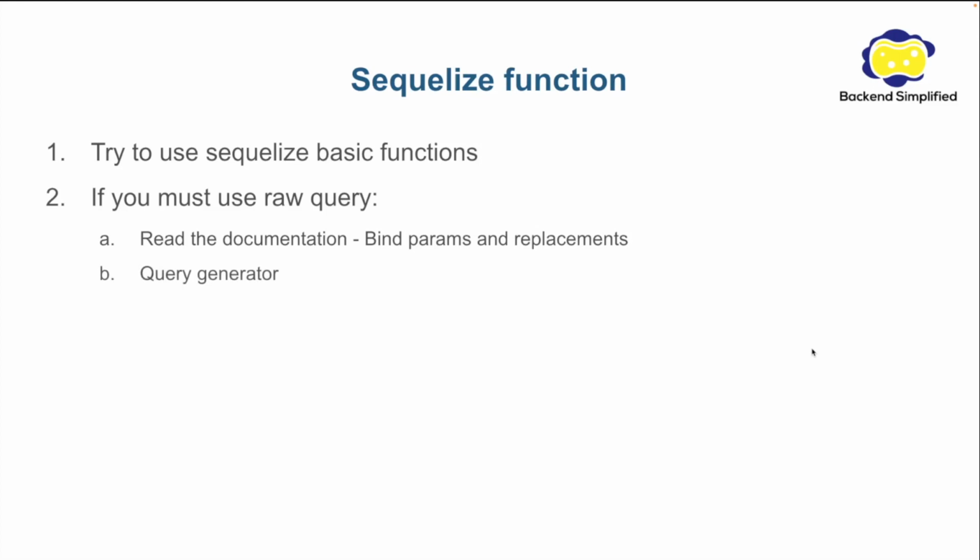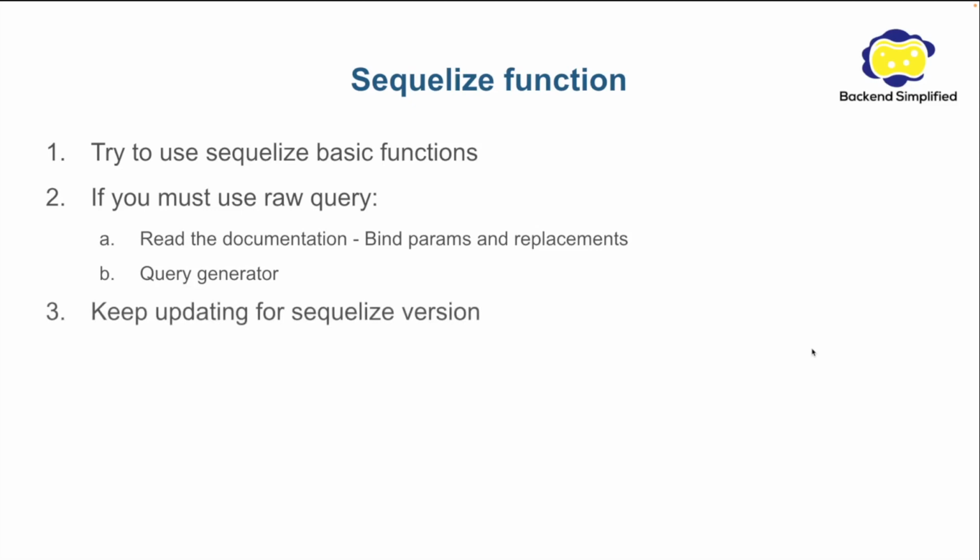The second point that you need to keep in your mind is that there is a module in Sequelize called query generators, and this works when you provide the values and it creates the query safely for you, and you just need to run it.